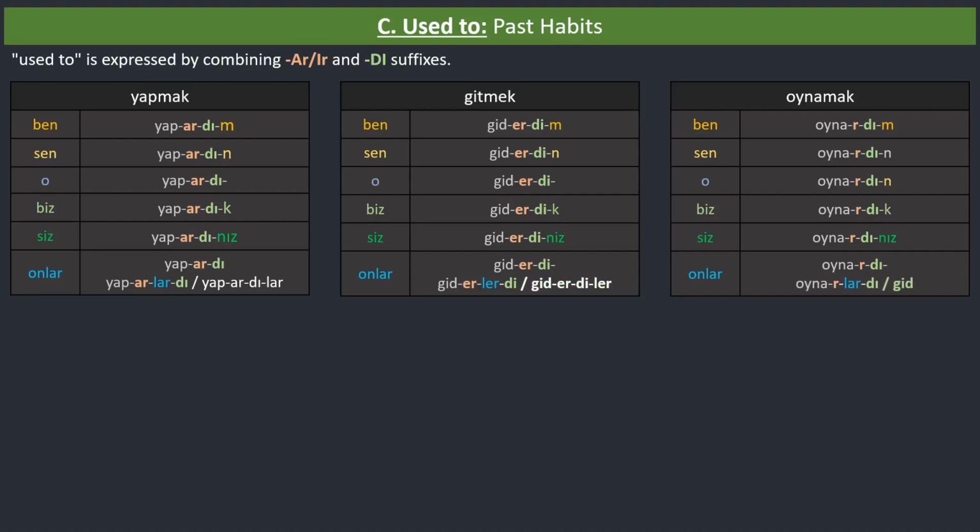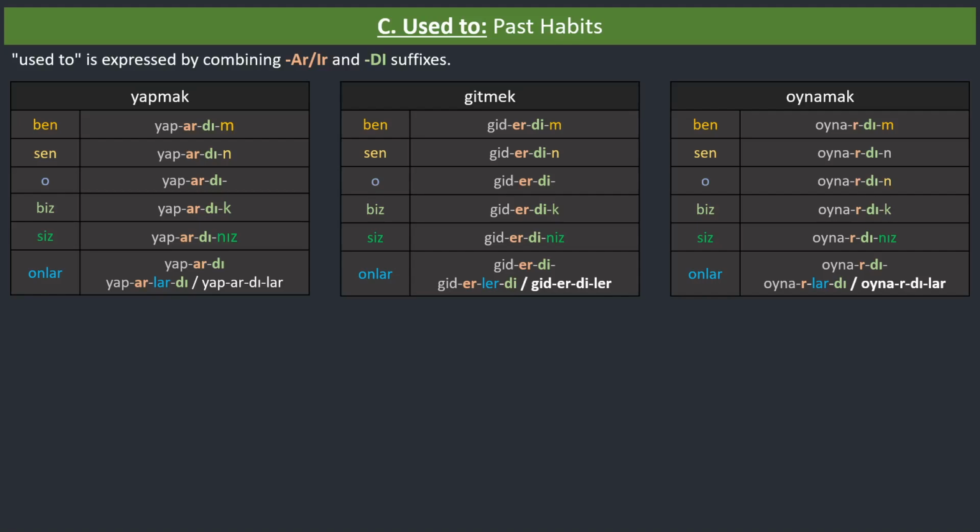Or oynardılar. This is also possible. They're just alternative conjugations. So, three options for onlar.